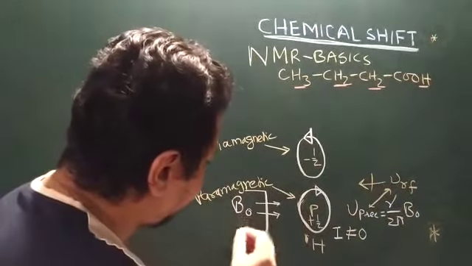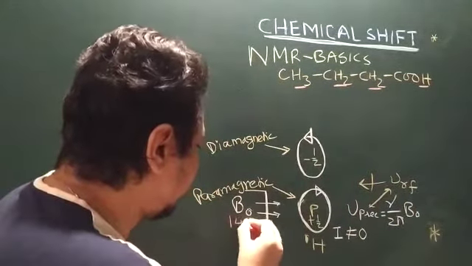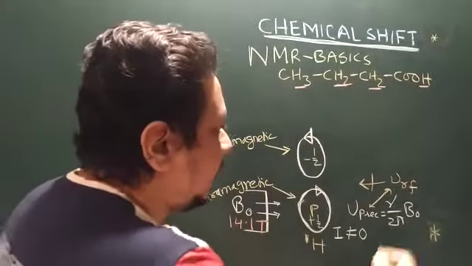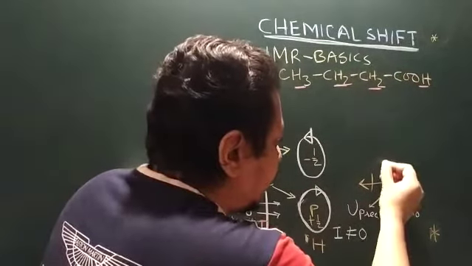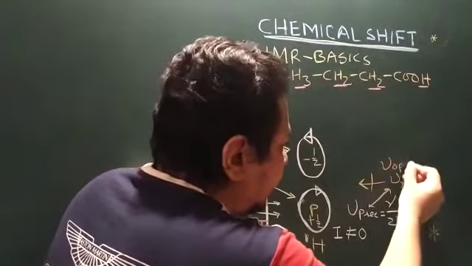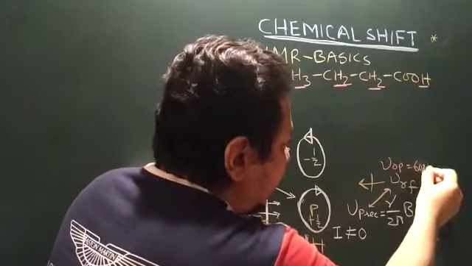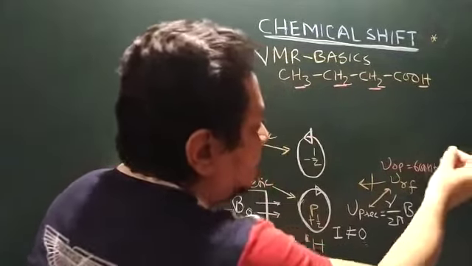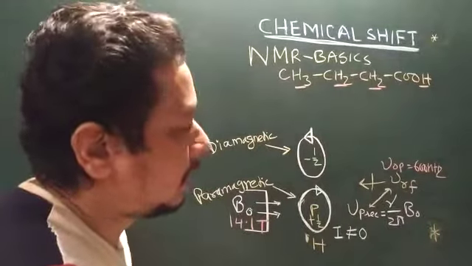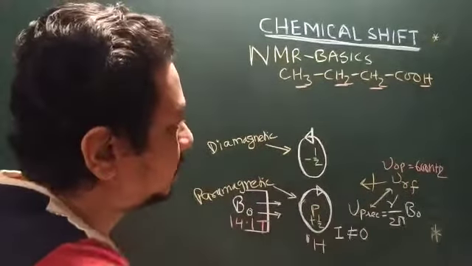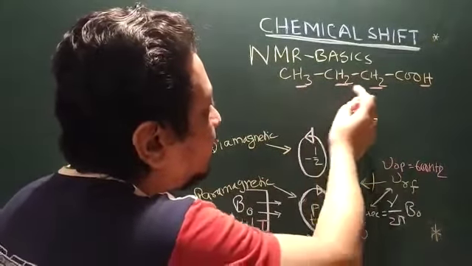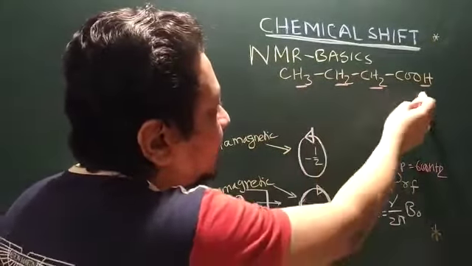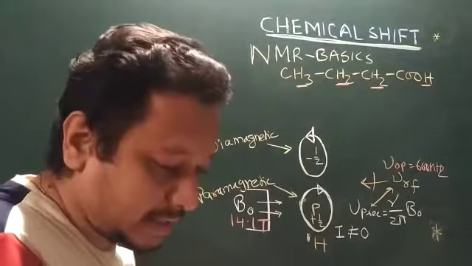For example, if my magnetic field strength is 14.1 Tesla, ideally the operating frequency, V operating, is 600 megahertz. This is the one with which we irradiate the nucleus. So every nucleus should absorb 600 megahertz and be said to be in resonance, but it is not happening because there is some twist in the tale.